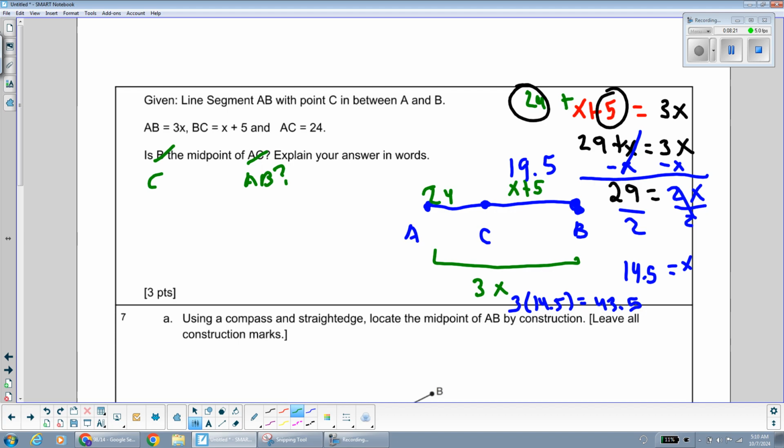But to answer the question, this half and this half are not the same. They're not halves. So C is not the midpoint of AB.